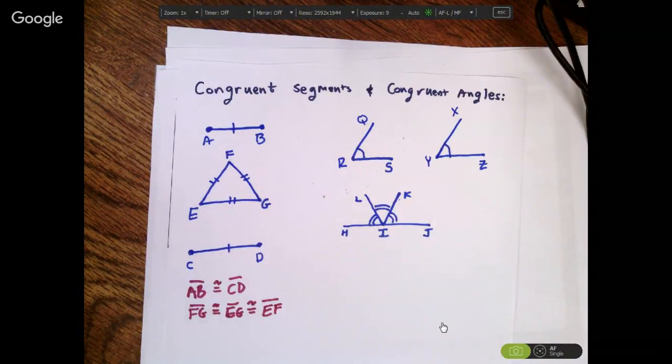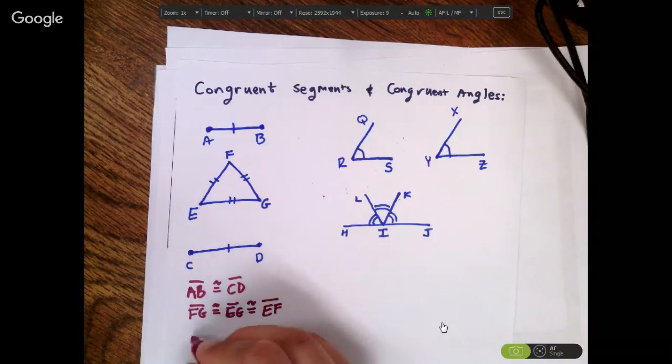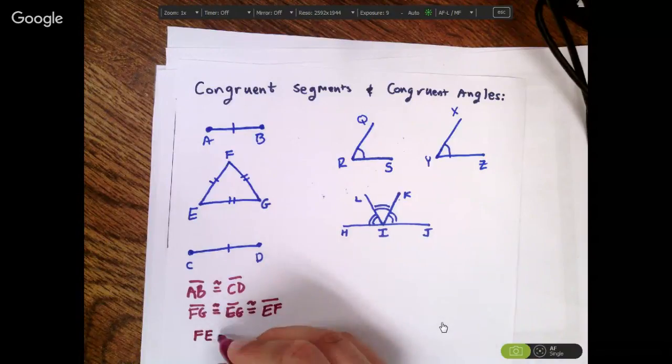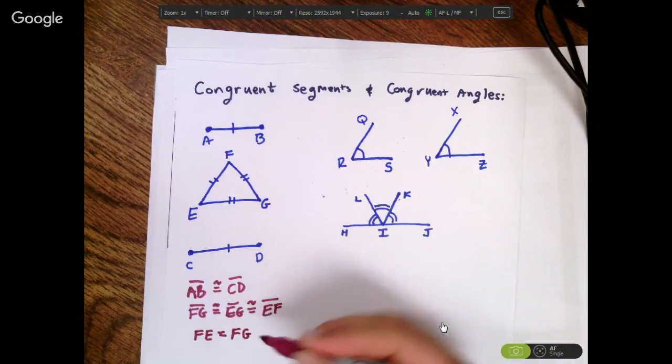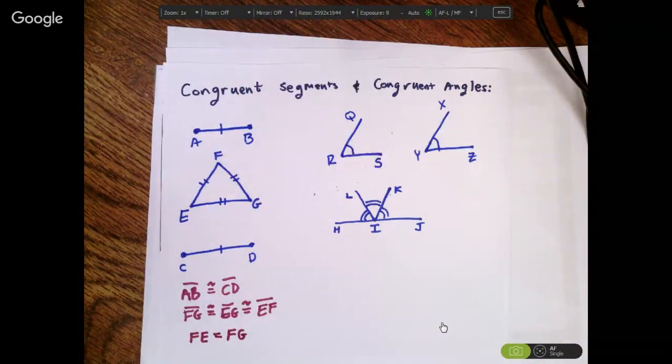I'm going to show you something that's a little bit weird right now. If I write FE is equal to FG, that is correct notation, but it means something different than what I just wrote. Anyone want to guess what that means? Yeah, their number values are the same.